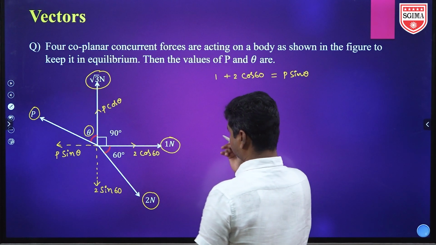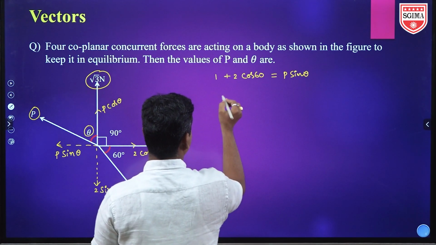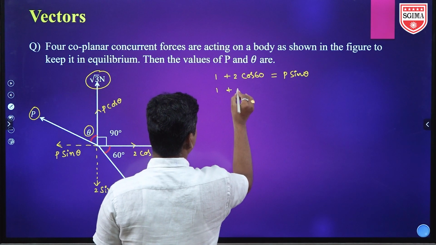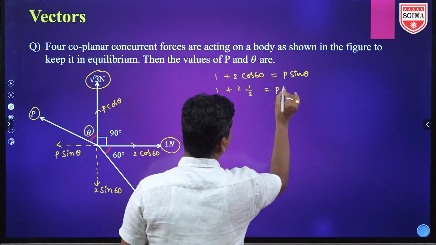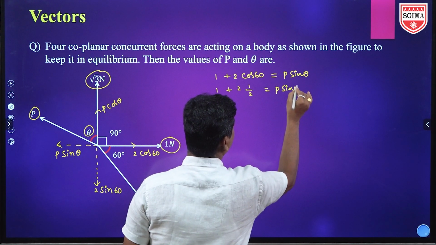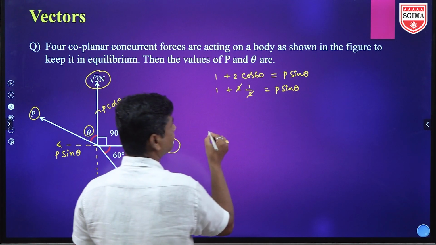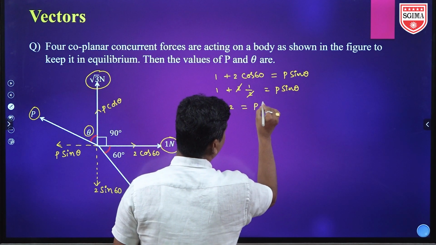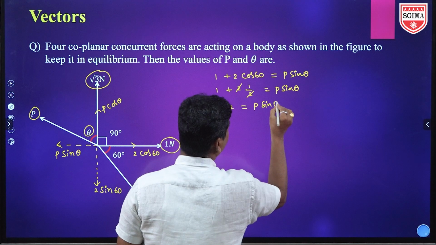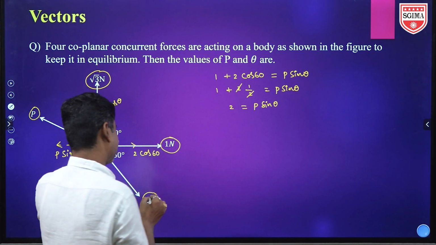So simplify: 1 plus 2 cos 60, value is 1 by 2, that is equal to P sin theta. So 2 cancel, 1 plus 1 equal to 2. Here 2 equal to P sin theta. This is one equation.